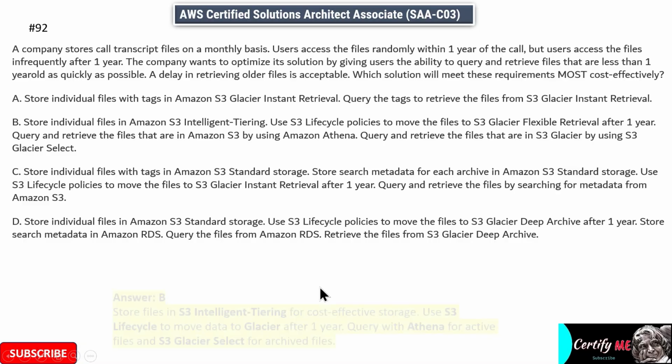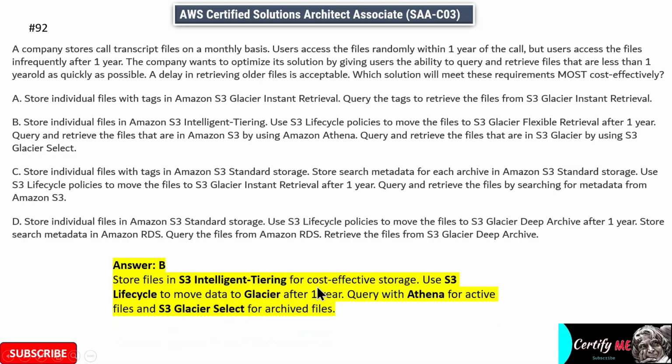The correct answer is option B. Store individual files in Amazon S3 Intelligent-Tiering. Use S3 lifecycle policies to move the files to S3 Glacier Flexible Retrieval after 1 year. Query and retrieve the files that are in Amazon S3 by using Amazon Athena.